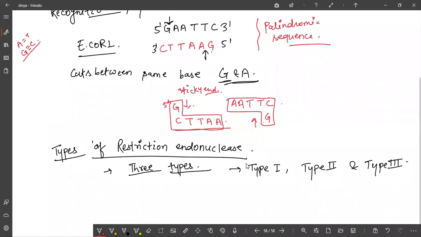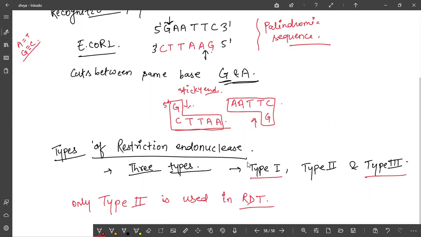Among all these types of restriction endonuclease, only type 2 is used in recombinant DNA technology. Which type is used in biotechnology? Type 2.